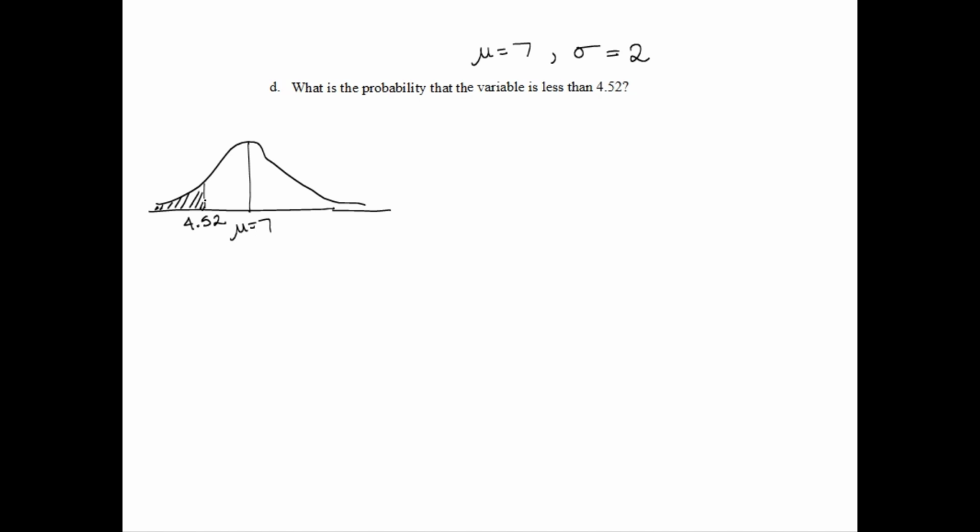Once again, I do not have areas of that shape in my table. So I need to figure out a way to do it. Here's what I'm going to do. I remember that my normal distribution is symmetric. That means, whoops, I shaded the wrong half.